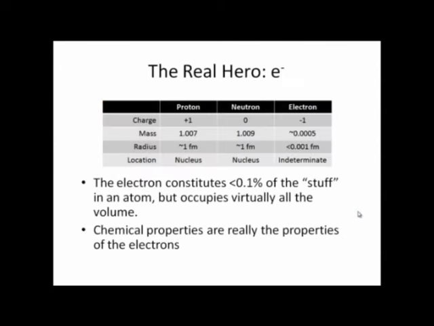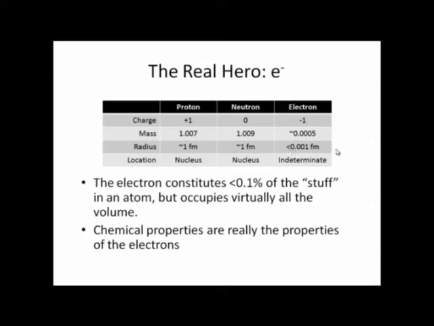Well, I think the real hero of chemistry isn't just the atom itself, but really the electrons in the atoms. And the electron, we can see, compared to the proton and neutron, has a very, very small mass and a very, very small size or radius.